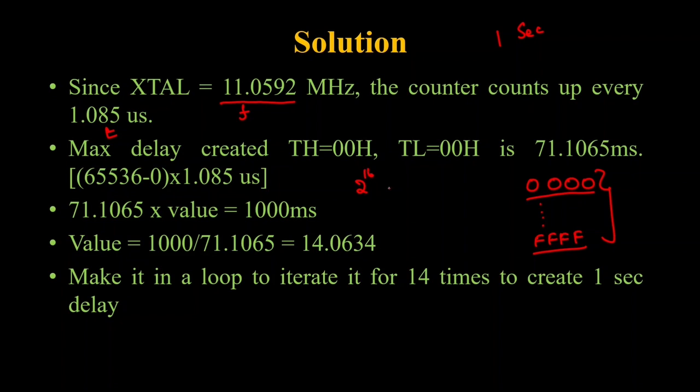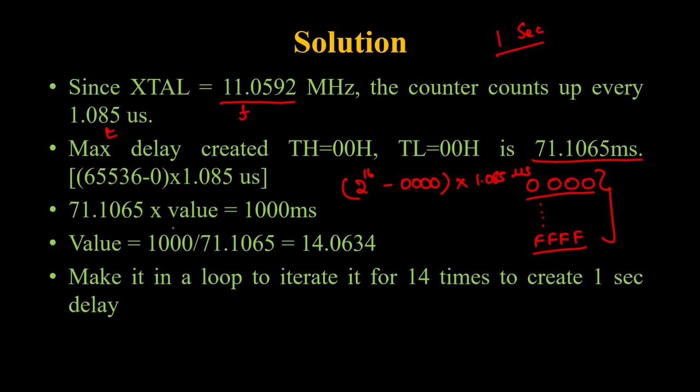So 2 to the power 16 gets multiplied with the time duration, which is 1.085 microseconds. So we will be getting 71.1065 milliseconds. So the maximum delay we can create from that timer without using a loop will be 71.1065 milliseconds only.